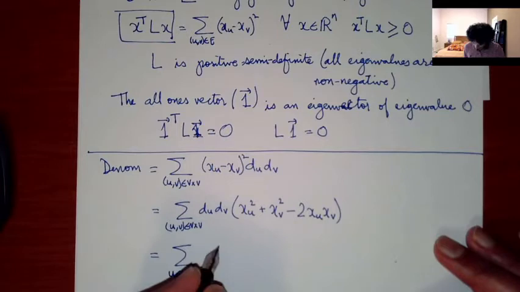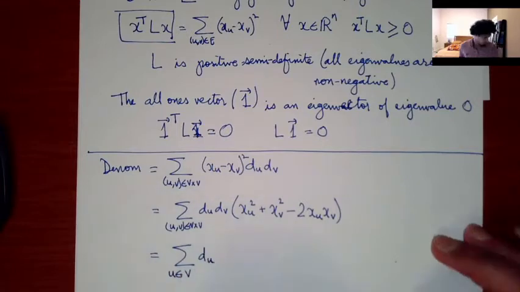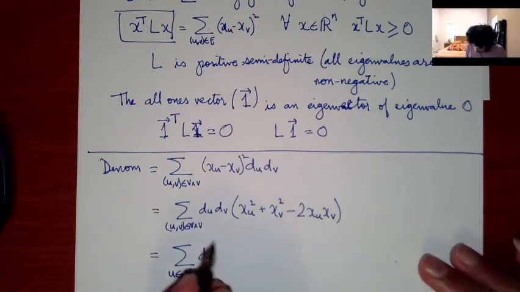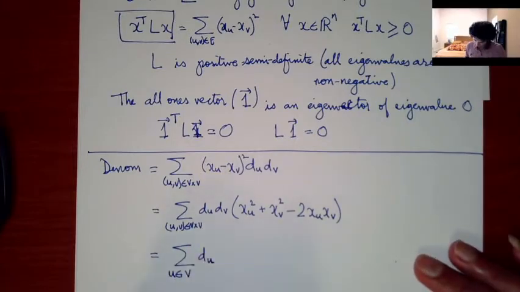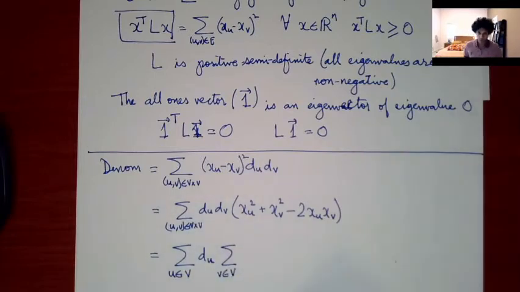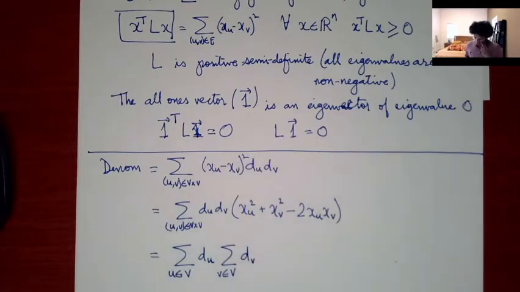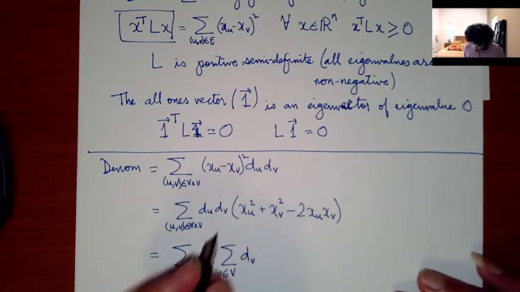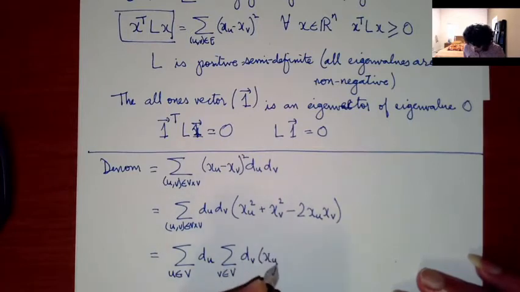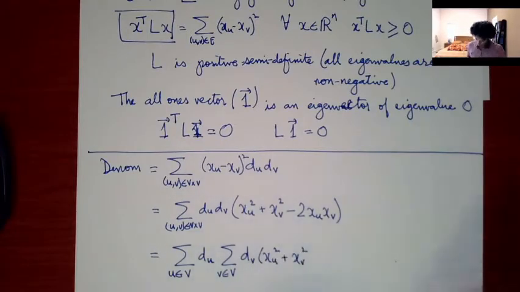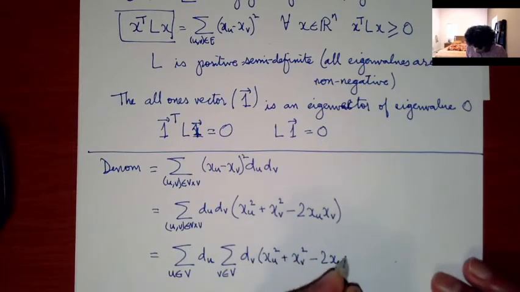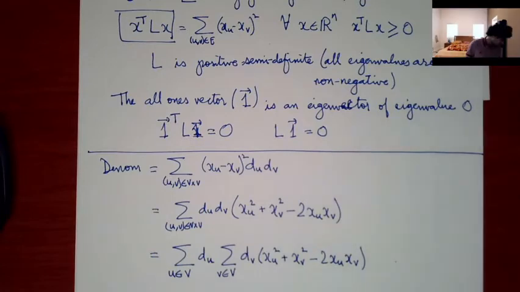So I'll get du, and then I can sum over all v's, and what I will get over here is dv, times xu squared plus xv squared minus 2 xu xv.